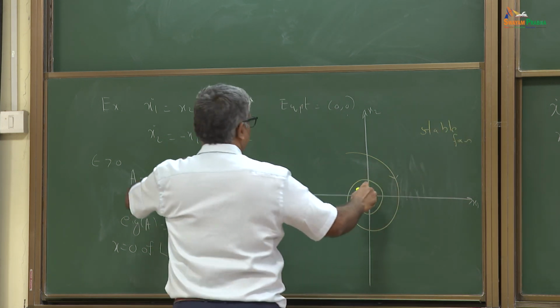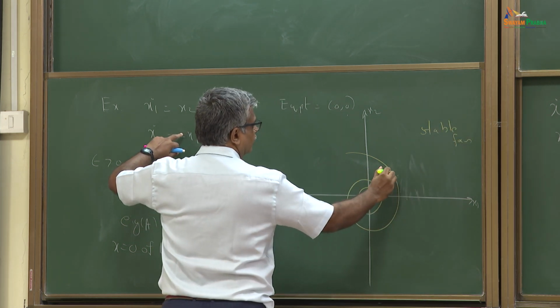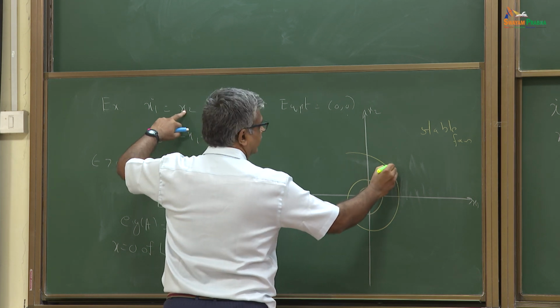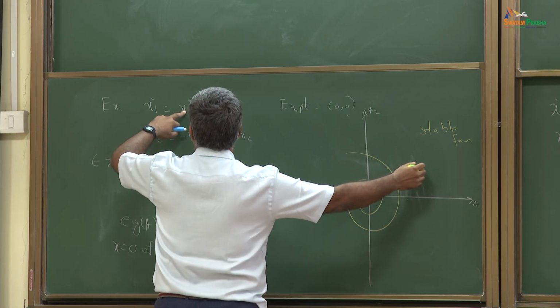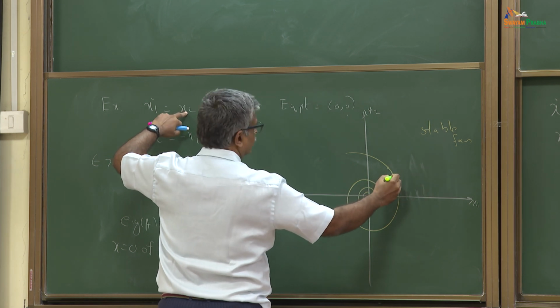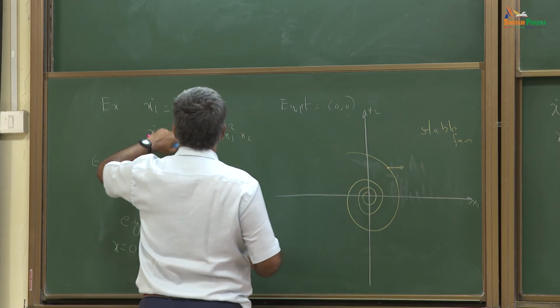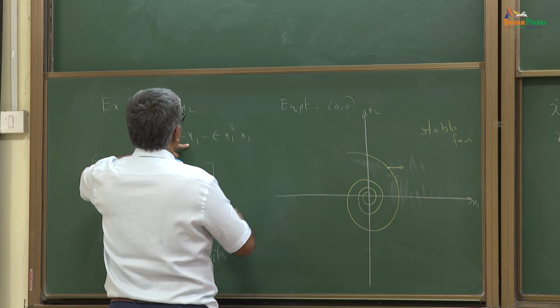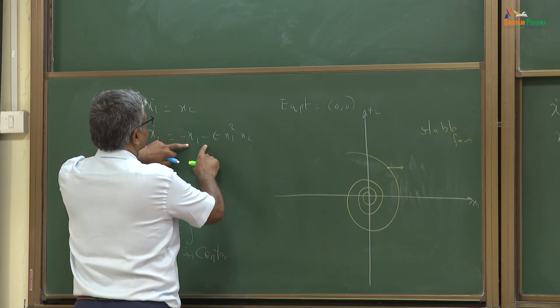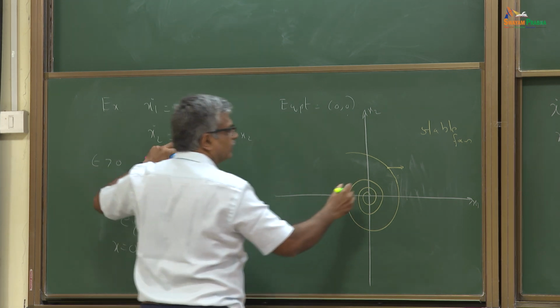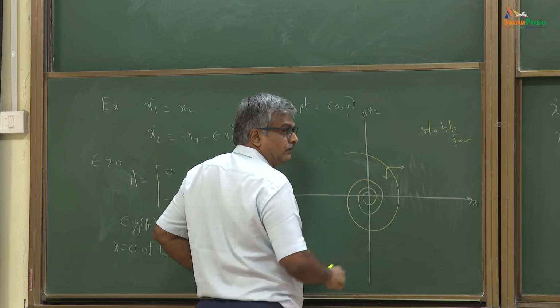The way I draw this is, if you want to know the sense, take any point. Along the x1 direction it is positive, so this is this arrow, and along x2 dot, this whole thing is negative, so it will be negative along the y component.